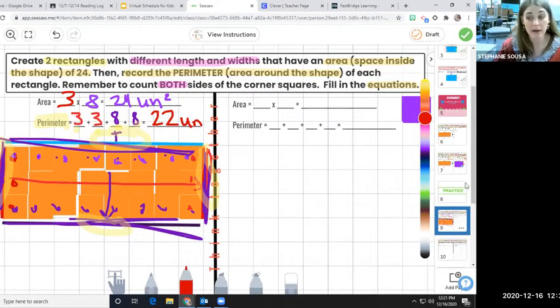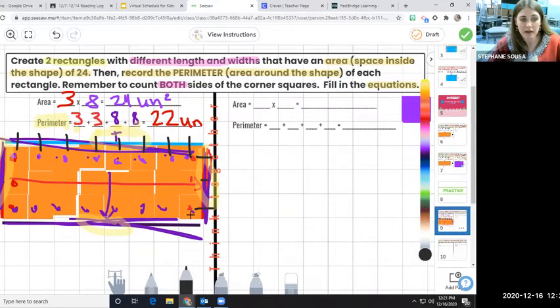Units squared is area, just units. So if I were to go around and check my work by counting the spaces or the units, 1, 2, 3, 4, 5, 6, 7, 8, 9, 10, 11, 12, 13, 14, 15, 16, 17, 18, 19, 20, 21, 22. I get the same answer.